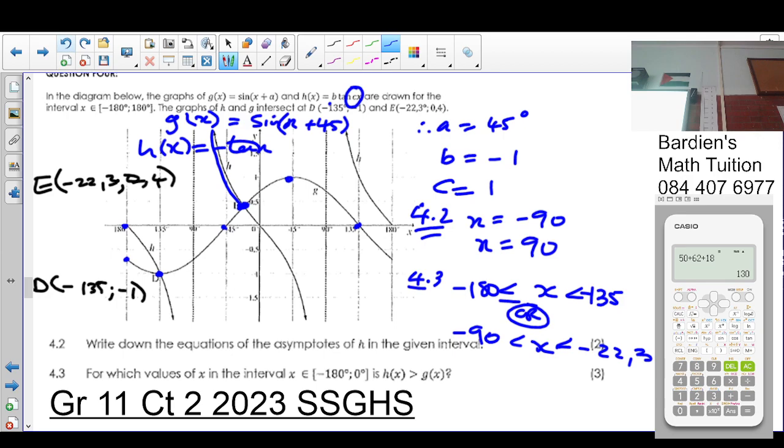At negative 90, is f on top of g? No. Why? This is an asymptote. At negative 45, is f on top of g? No, they're equal. So there's no equal. So the only equal sign comes in at negative 180. Okay. For the sign for the three graphs, you must always check that.